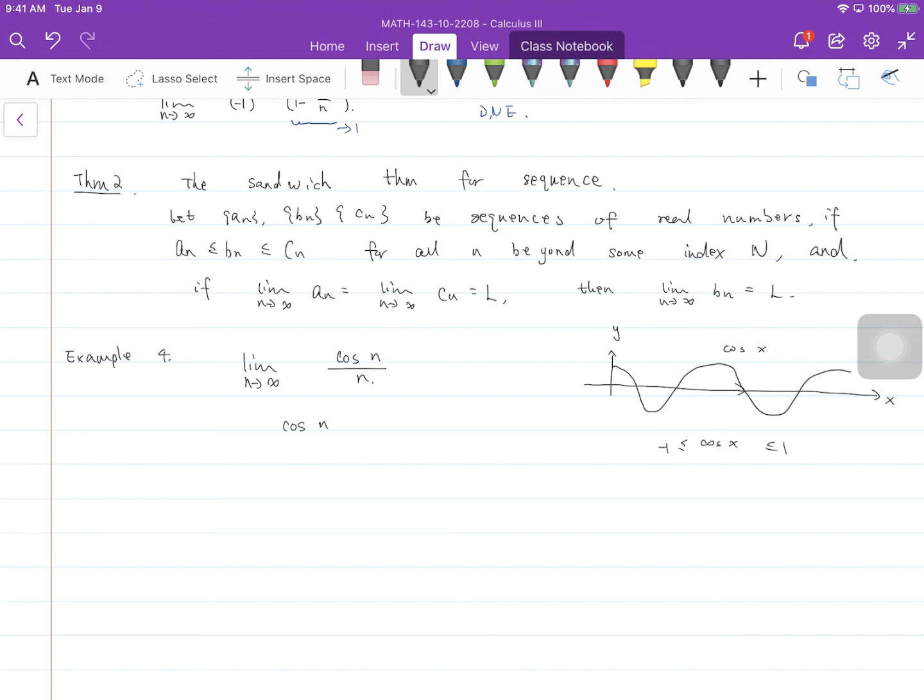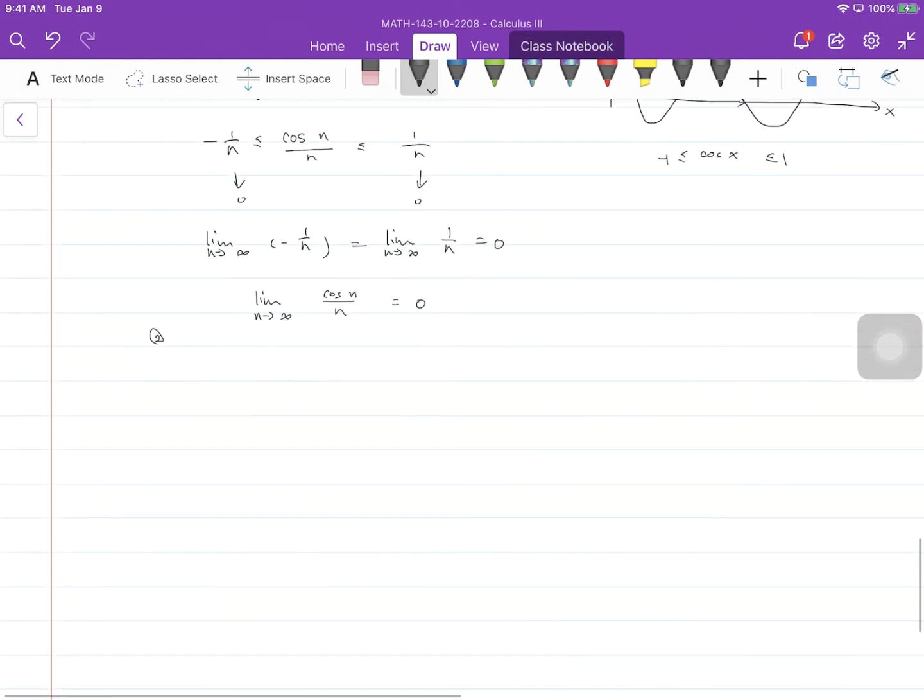No matter what the x is, it's always in between -1 and 1. So we can create -1 over n less than cosine n over n less than 1 over n. Now let's take a look at this limit and that limit. Both go to 0, right? So this is like an An, and here is like a Cn. They both go to 0. So what is the limit of Bn? 0. Right? So we usually do this for cosine and sine. Whenever we have cosine or sine, we like to do it this way.